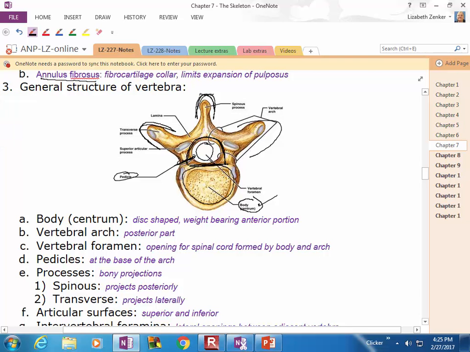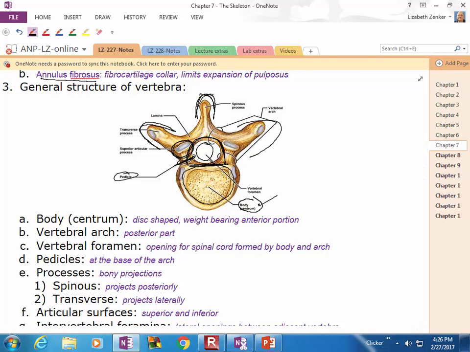And we also have a superior articular process, which is the thing that's sticking up, and then it has a superior articulating facet, which is the smooth part. So you have both there. Those are two different things. The surface is the facet, the projection part of it is the process, and they go hand in hand. There's also an inferior articulating process and an inferior articulating facet. You just can't see it from this view because this is a superior view.